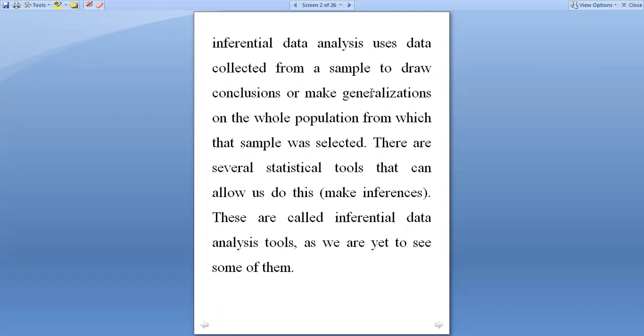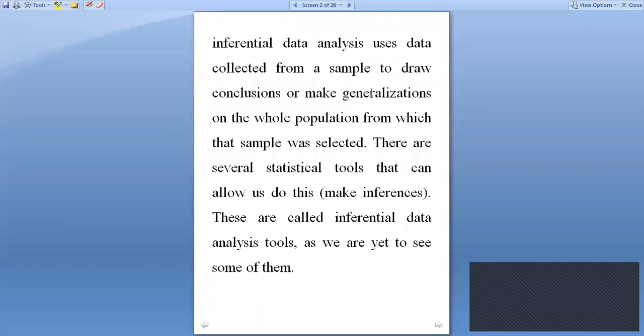There are many tools which can allow us to do this, and the procedures we use to make generalizations or to make inferences. And these tools are called inferential data analysis tools, from the word to infer. To infer is to make an inference.